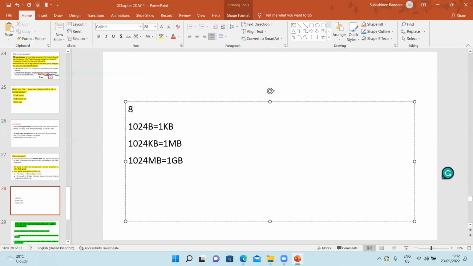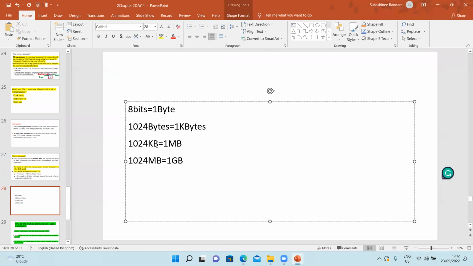8 bits equal to 1 byte. Byte we write in capitals. Then 1024 bytes equal to 1 kilobyte. Okay.